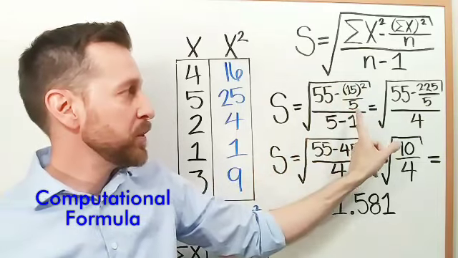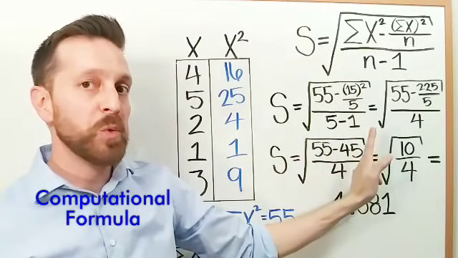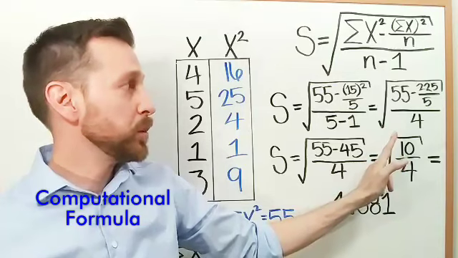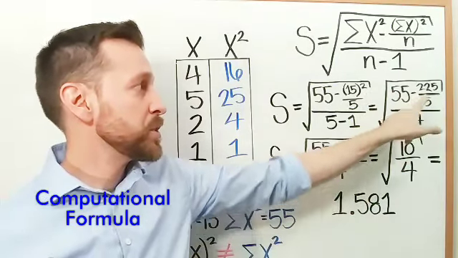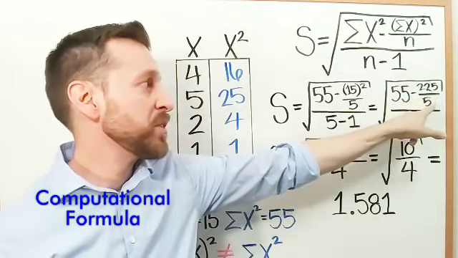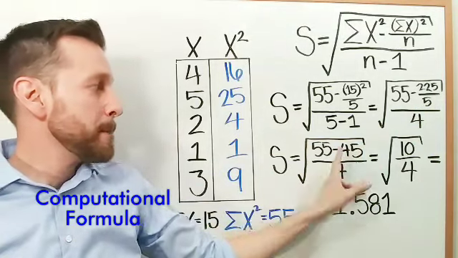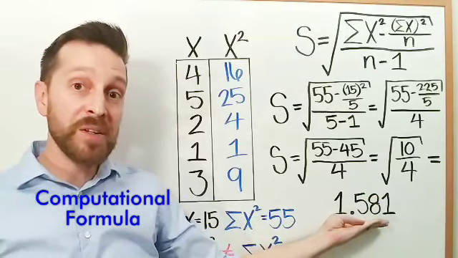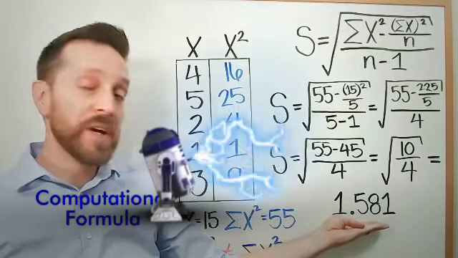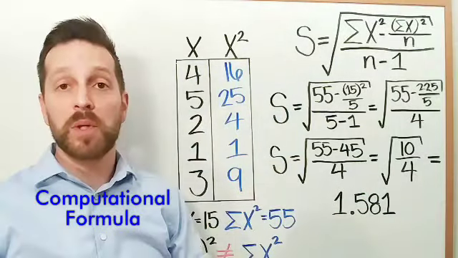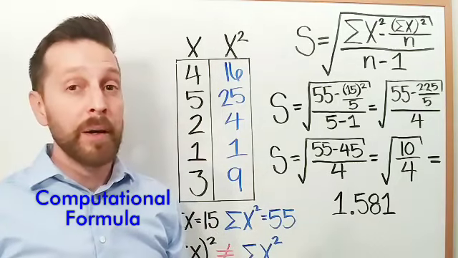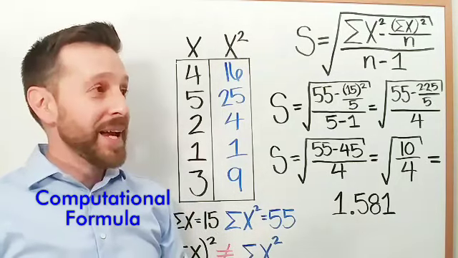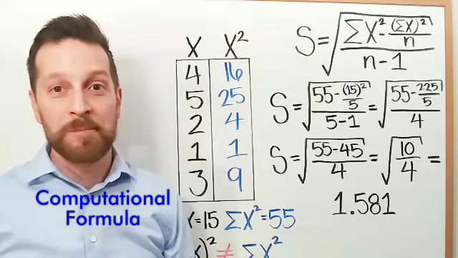We do a couple of calculations, and I broke it down really slowly, one operation at a time, so that it's easier to follow along with. 15 squared turns to 225. 225 divided by 5 becomes 45, and we do the simplifications, and we come out with the final answer of 1.581, which was the exact same answer we got using the definitional formula. However, we did it in about half the time and with far fewer steps.